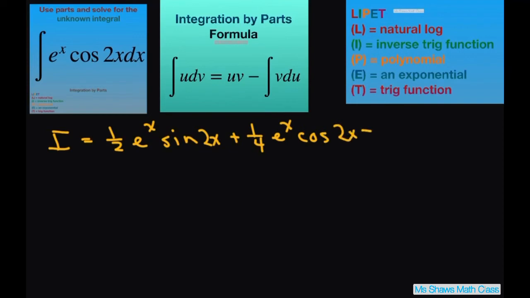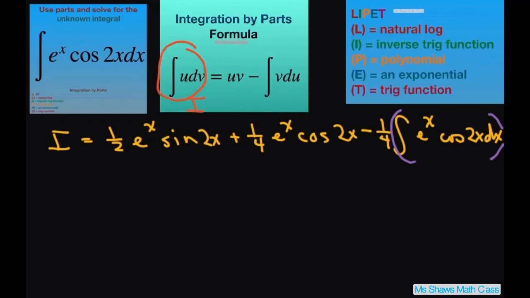Then I have minus 1/4 the integral of e to the x cosine of 2x dx. Now let's notice that this right here just equals my I. Remember, I called this I. This is your I.